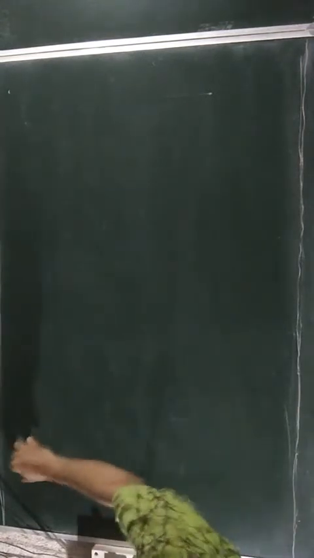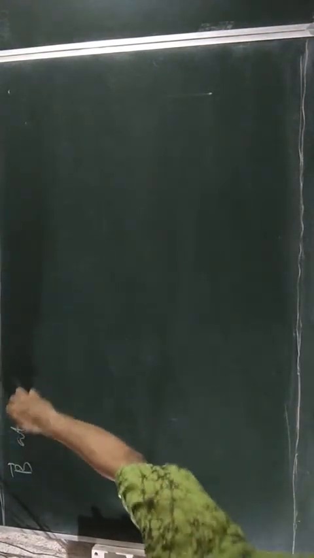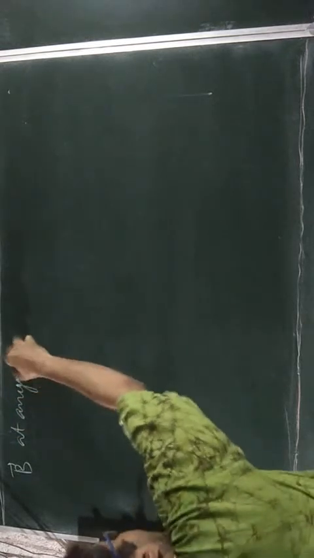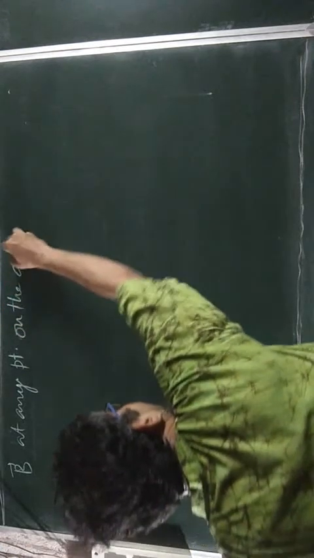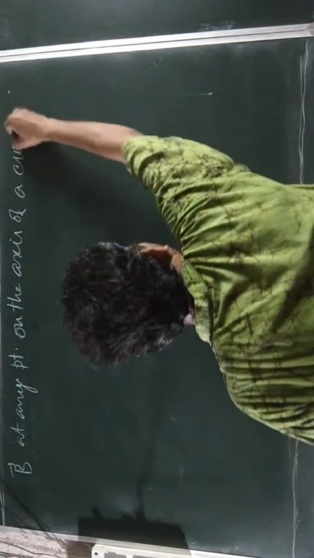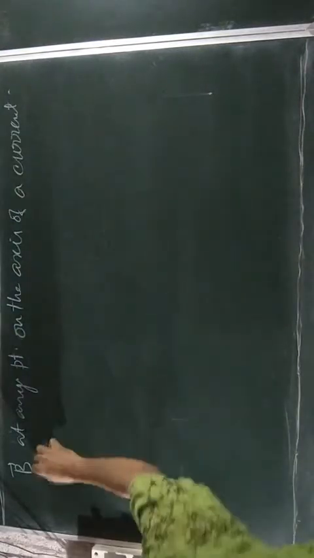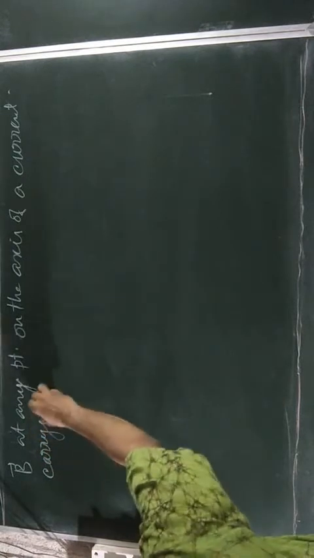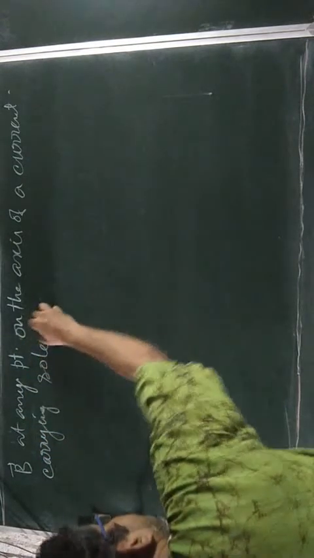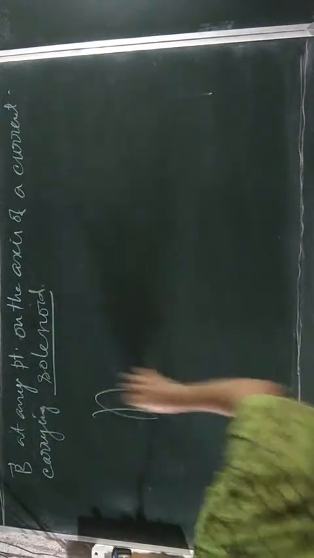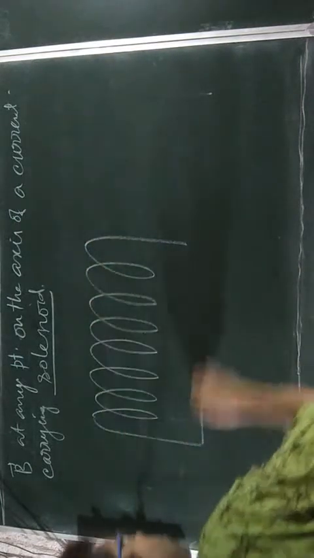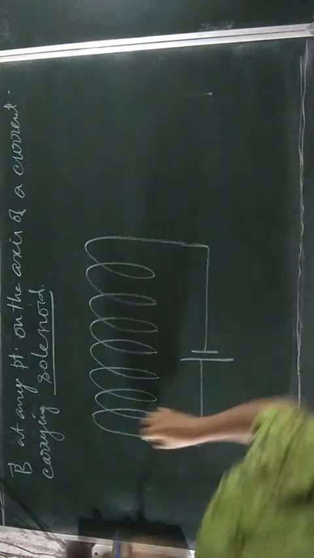The value of B at any point on the axis of a current carrying solenoid. It looks like a spring, this one. So it carries current.